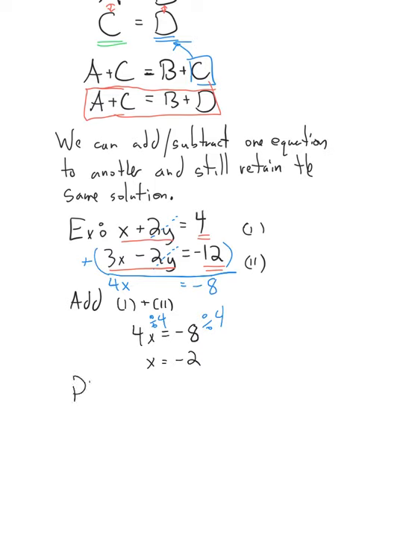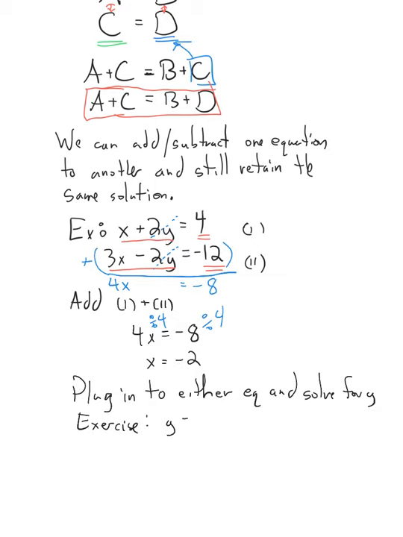We can just plug in to either equation, just like before, and solve for y. And I'll leave that as a little exercise for you guys, but I'll tell you what the answer is. You should get that y equals 3.